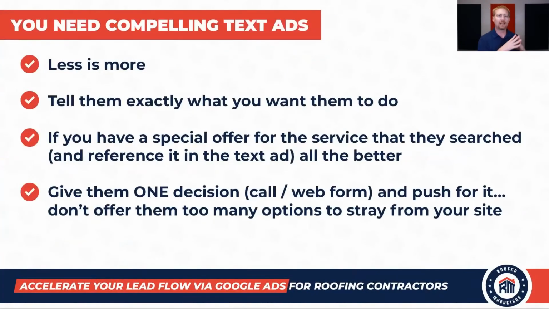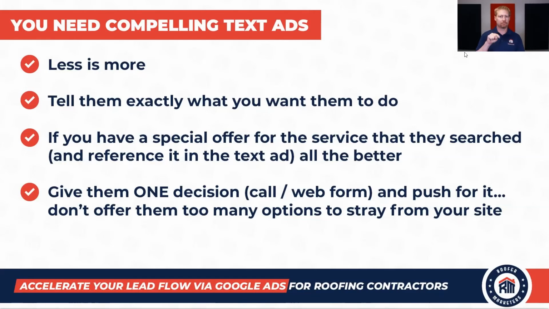So now you need to write compelling ad text, right? So less is more. There's limited space, limited characters in the Google display ads. So you want to tell them exactly what you want them to do. You have to show your offer or present your offer. Make them have one decision, right?